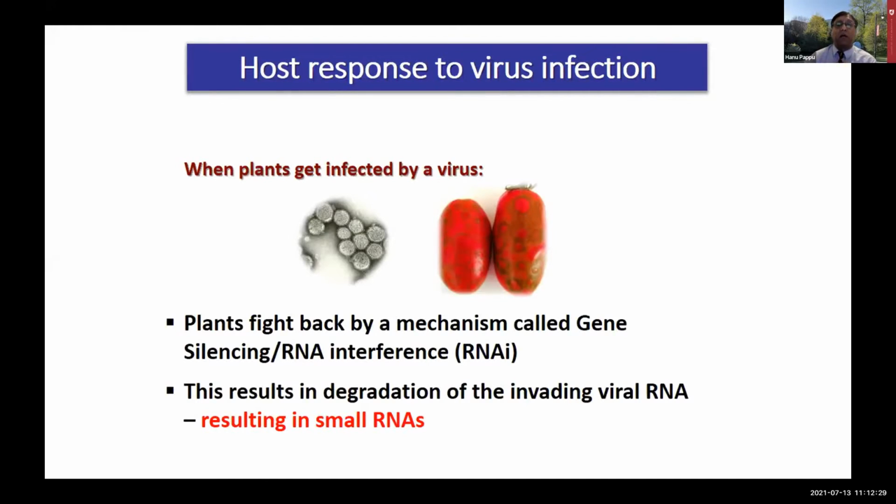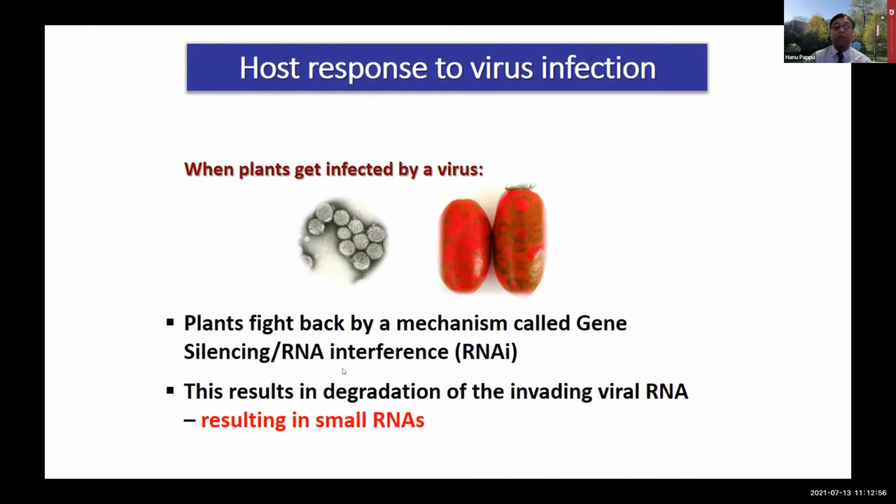So when a virus infects a host, what does the host do? It responds, because it is now a war between a host and a virus. The host wants to defend itself, and the virus wants to overcome the host response, establish itself and replicate. It has been shown a long time ago that plants fight back by a mechanism called gene silencing or RNA interference.